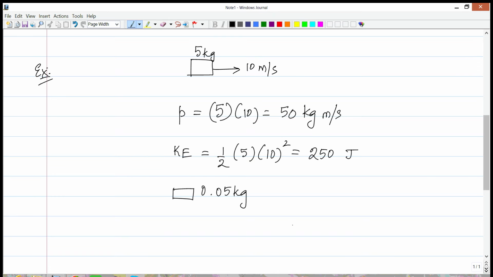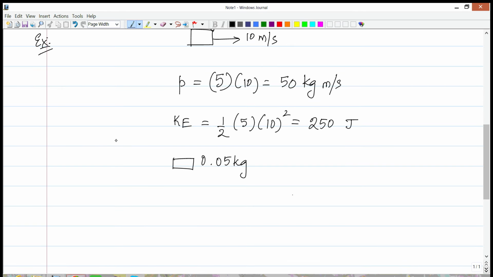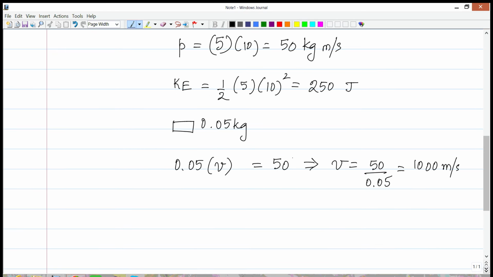So for it to have the same momentum, we'll set it up: 0.05 times v is equal to 50, and this gives me v equals 50 divided by 0.05, which happens to be 1,000 meters per second. So two objects can have the same momentum, and what we observed from the simple example is that the object with the lower mass will have to have the higher speed.